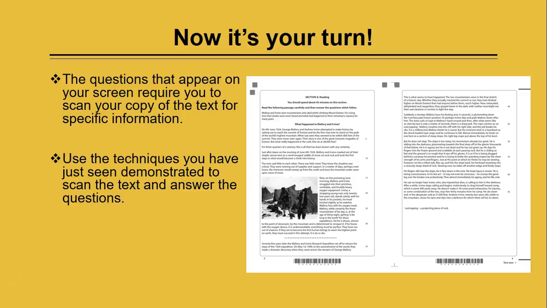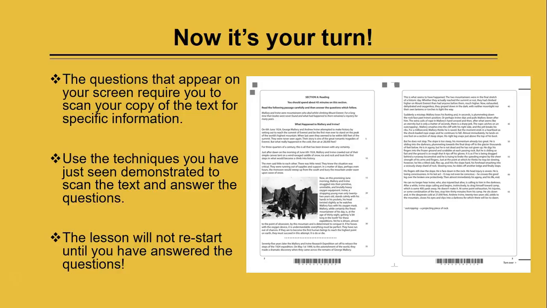They're going to ask you for specific words and phrases, and you're going to be directed to particular parts of the text, just like in that demonstration. Remember that with these questions, the lesson stops and cannot restart until you have answered the questions. So make sure you've printed off the text. The questions are going to appear on your screen now, and you need to use scanning techniques to answer those effectively. Good luck.